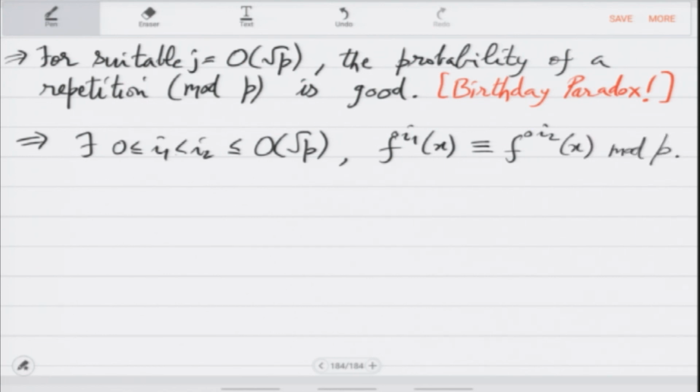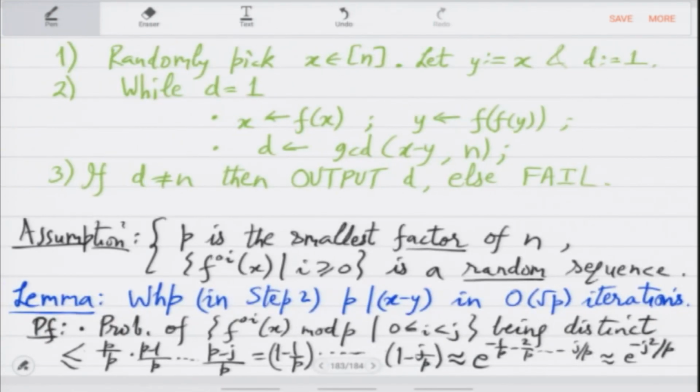So how does this relate to step 2 of the algorithm? Right, there we were just applying f once on x, and on y we were applying it twice. So how does this relate to what we have deduced in terms of i1, i2? So we are almost there, we just have to connect it properly.